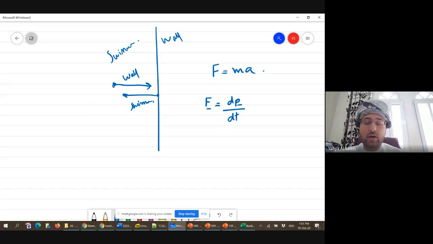So Newton's second law addresses this central question. What causes a change in motion of an object? Okay. So momentum was described by Newton as quantity of motion, how much motion there is, how much movement there is, a way of bringing together both the velocity of an object and its mass. Okay.